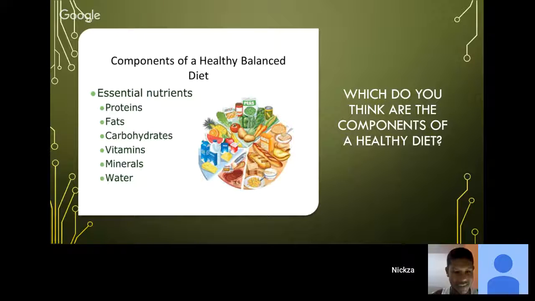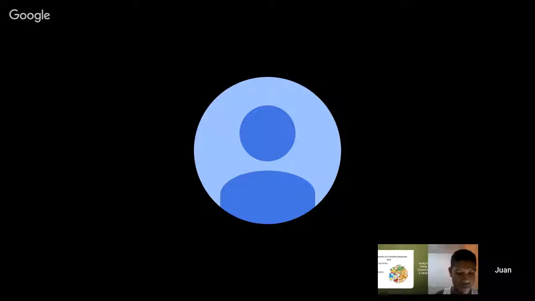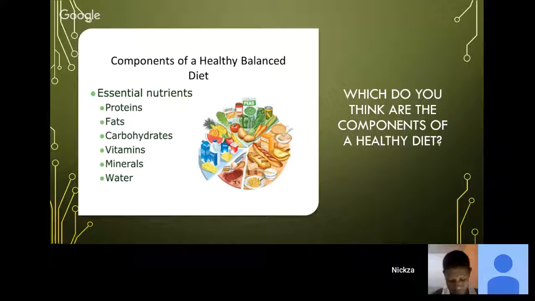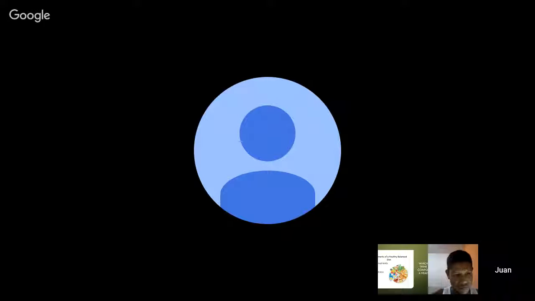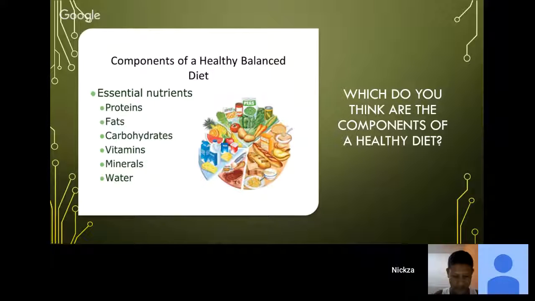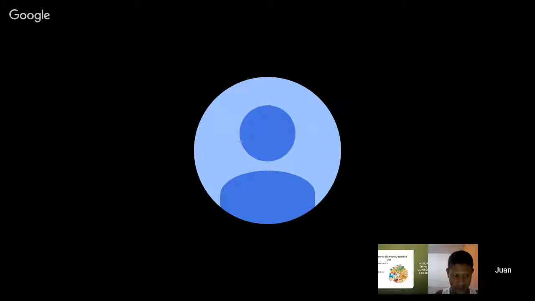Juan, are you there? Which do you think are the best components of a healthy diet? I don't know much about it, but I think it's all of this. Fat is the only bad one in that list.